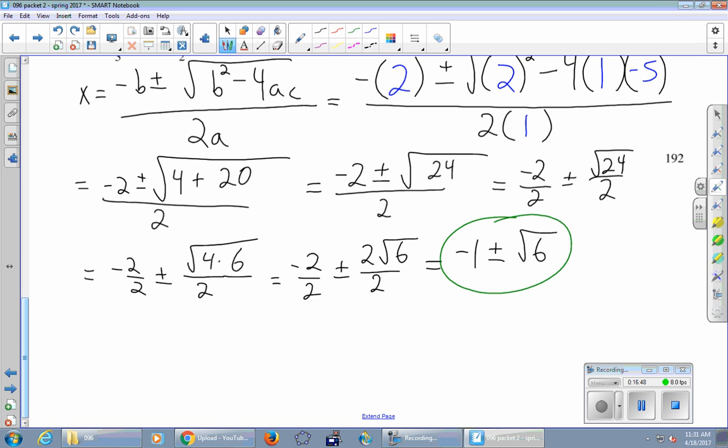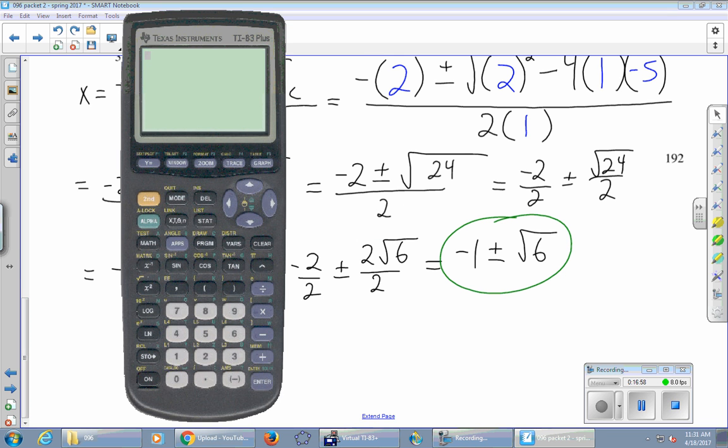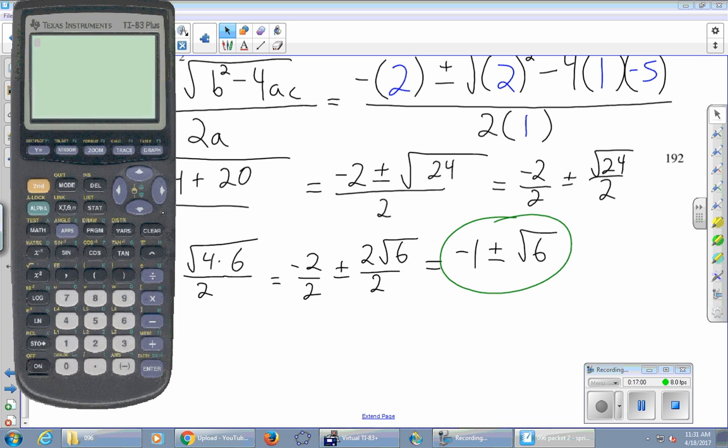So I handed calculators out to some folks. Go ahead and grab a scientific calculator, either yours or mine. I want to make sure that we can get this thing on the calculator. So for me, you're just doing them one at a time. Negative 1 plus square root of 6.